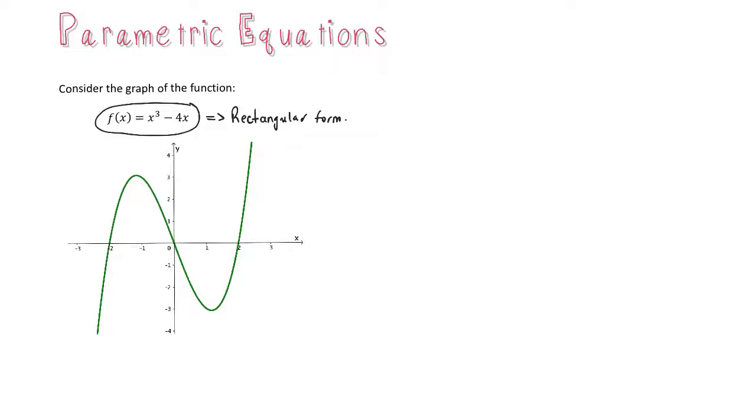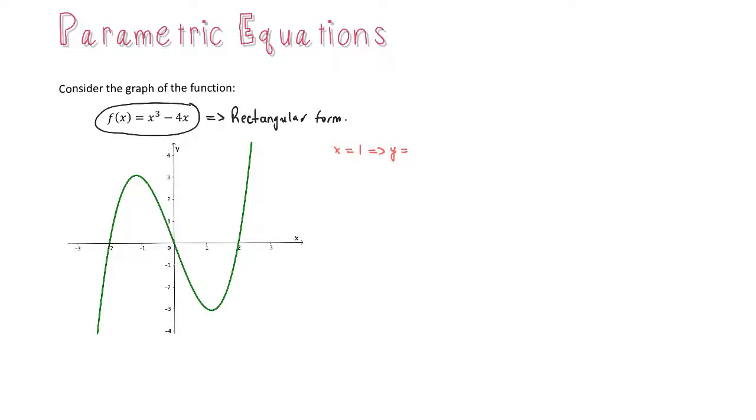So right now what we have is a curve with its rectangular form as f of x equals x to the third minus 4x. And you know that in order to get a point on this curve, I have to specify an x value. So if I pick an x value, let's say 1, then in order to get its y value, I just go back to the rectangular form of the function.